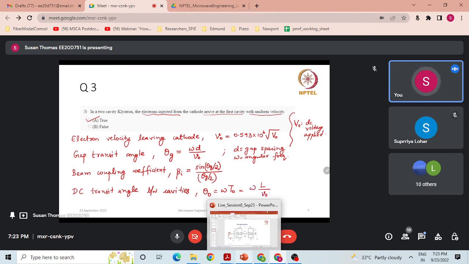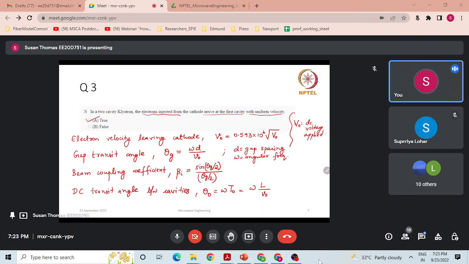Please remember, this L, capital L, is the distance between the cavities, the buncher cavity and the catcher cavity. So L is the length or the distance between cavities, and V naught is again the electron velocity.